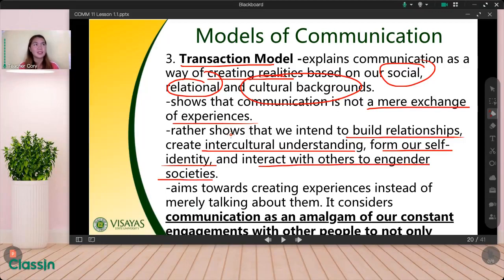So it's more than just interacting, it's transacting, also involving other factors such as culture, also establishing our identity with others. So we try to carry out these transactions. It aims towards creating experiences instead of just merely talking about them. So this is creating experiences, not just a simple exchange of ideas. It considers communication as an amalgam of our constant engagements with other people.